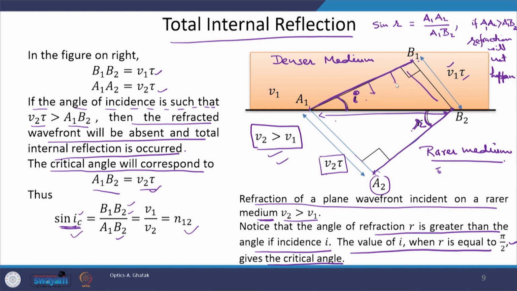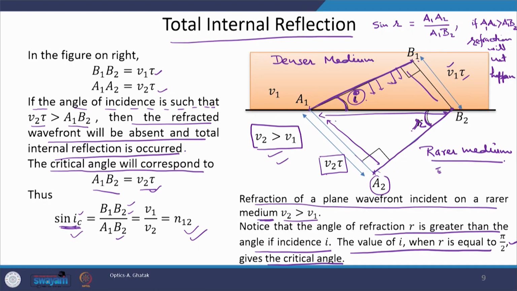Now, this wavefront falls at an incident angle I. As long as this I is small, the angle of refraction is such that A1 A2 is smaller than A1 B2, and we have refraction. Now, a situation comes when A1 A2 is equal to A1 B2, and this is called the critical angle, and in this case we get the TIR.